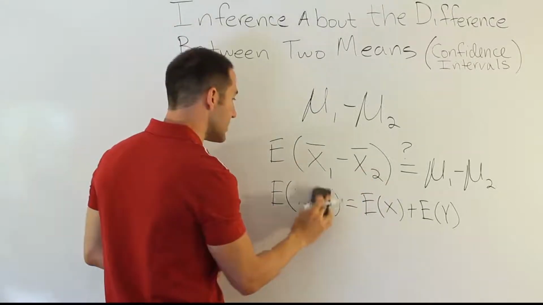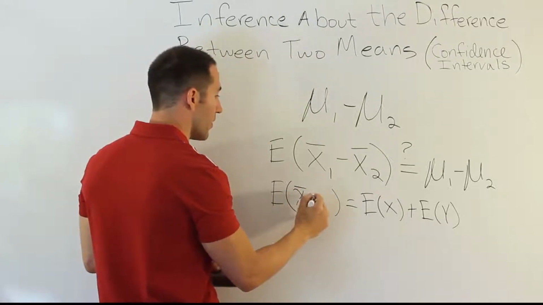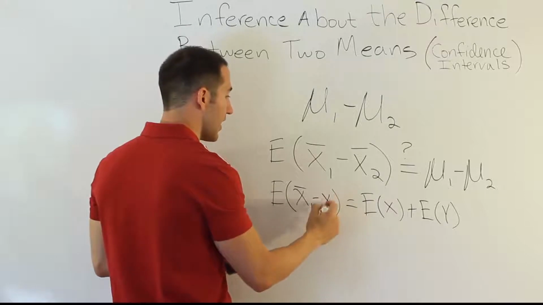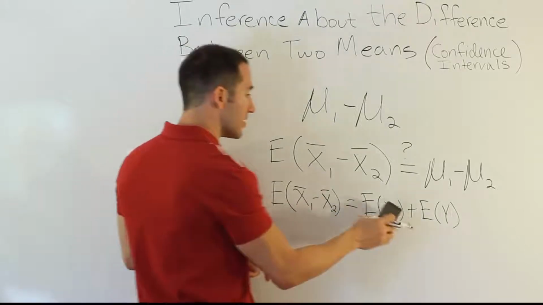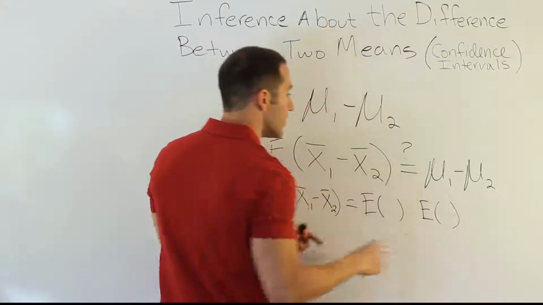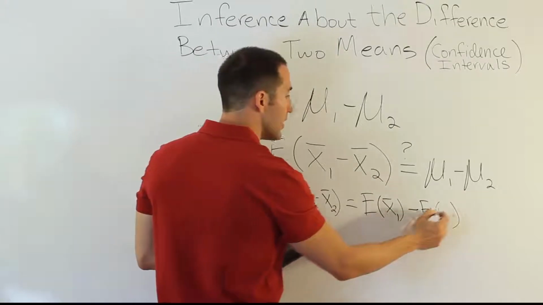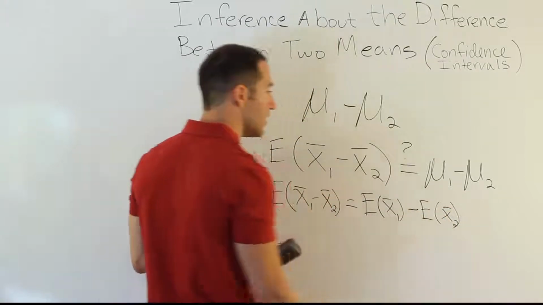So if I just change this part here to x bar 1, and let's make it minus x bar 2, then this expression would have the minus between them, with x bar 1 and x bar 2 in place.